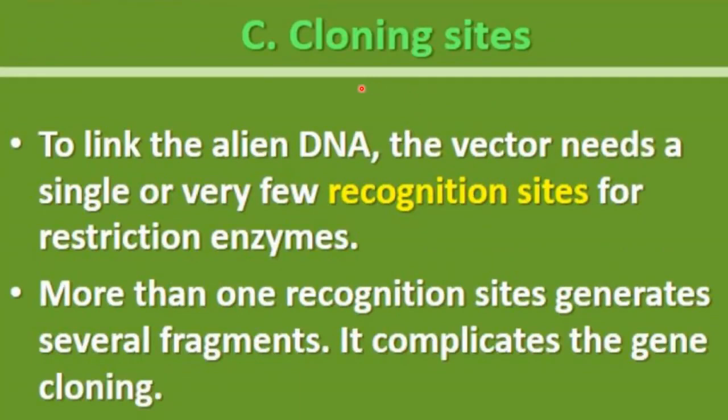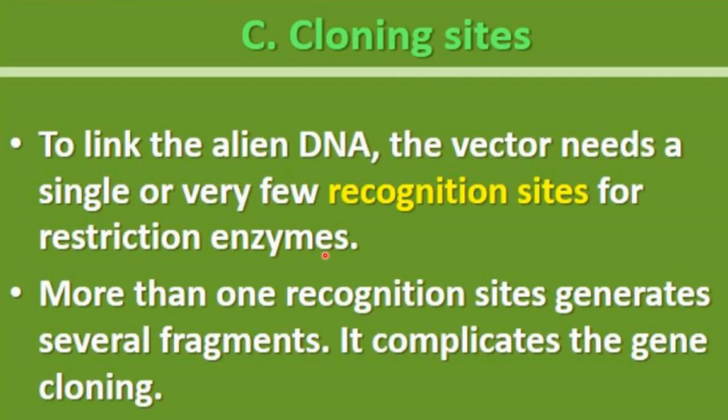Now the next feature of a cloning vector is cloning sites. So cloning sites are the sites where we will attach the foreign DNA into the vector. To link the alien DNA, the vector needs a single or very few recognition sites for a restriction enzyme. The restriction enzyme will cut the vector DNA at a specific site, and only on that site can the alien piece of DNA be attached, right?